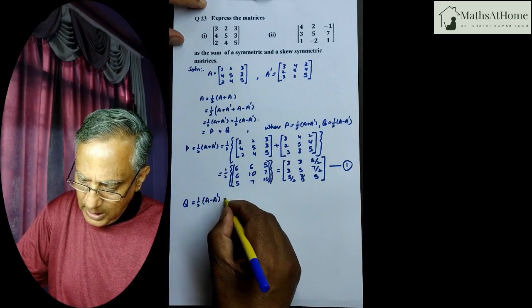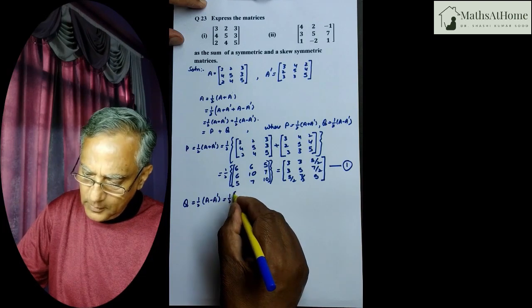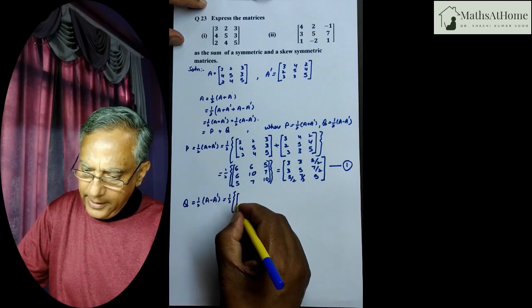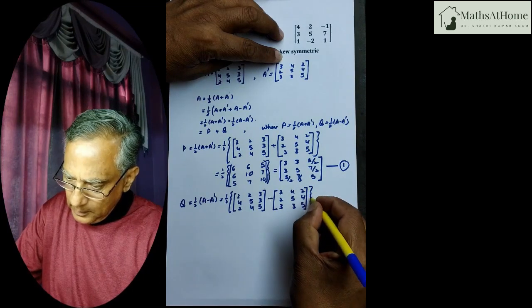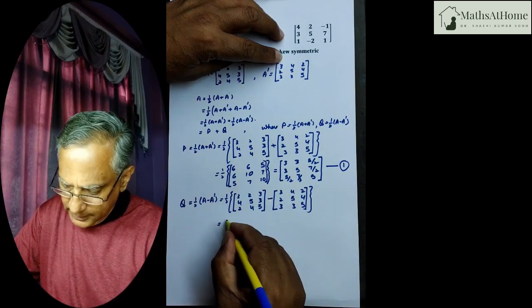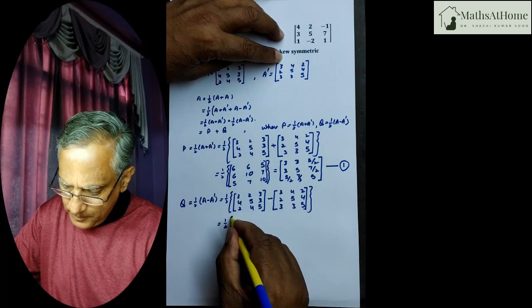And Q is equal to half A minus A dash. This is equal to half into A. Now write down A here. A dash is, and this is equal to half.